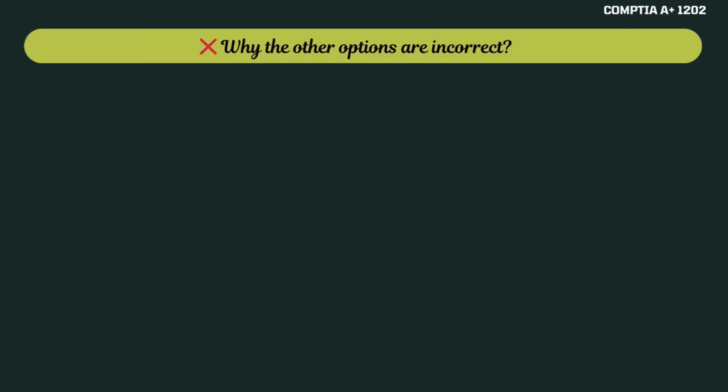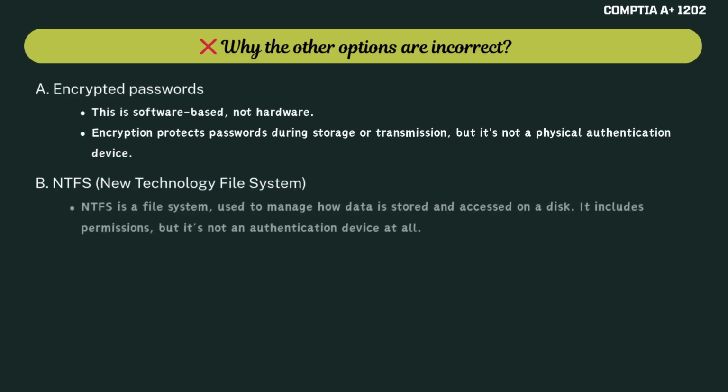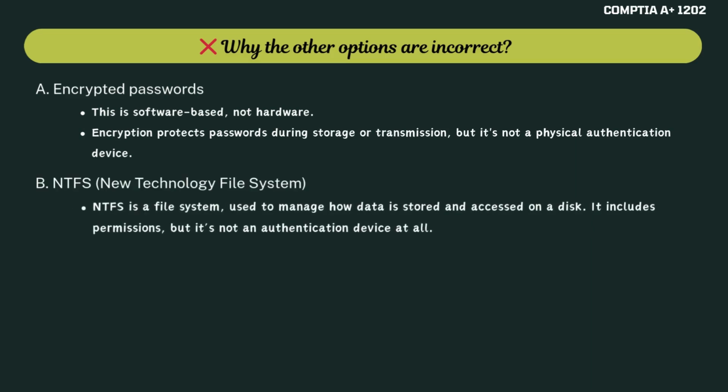Why the other options are incorrect? A. Encrypted passwords. This is software-based, not hardware. Encryption protects passwords during storage or transmission, but it's not a physical authentication device. B. NTFS.